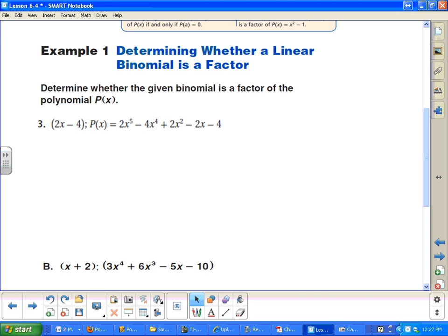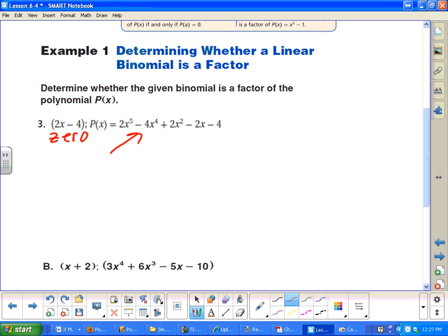That means that wherever this equals 0, when I put it in here for x, does it equal 0 or not? If it equals 0, then it's a factor. Because if I put that number in for x, the result I get is my value for y. And if y is 0, that means it's on the x-axis, and it would be a 0 of the graph. So we're going to use synthetic substitution to determine whether it is or not.